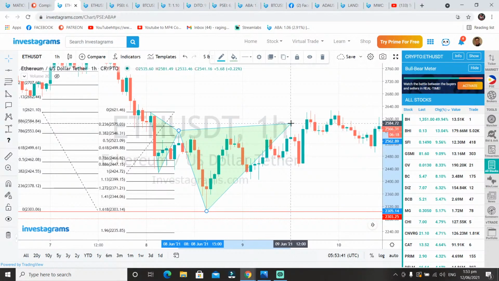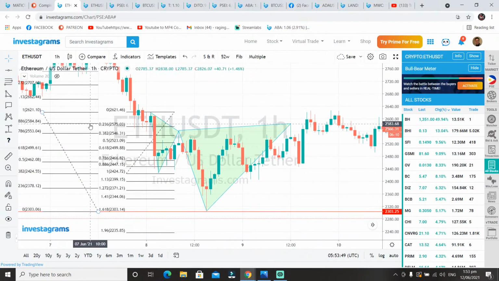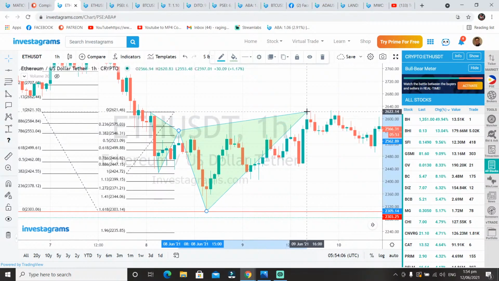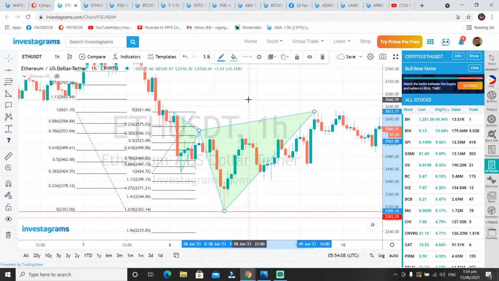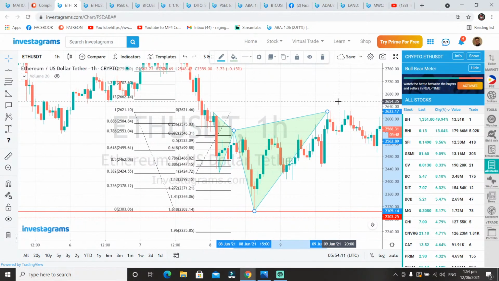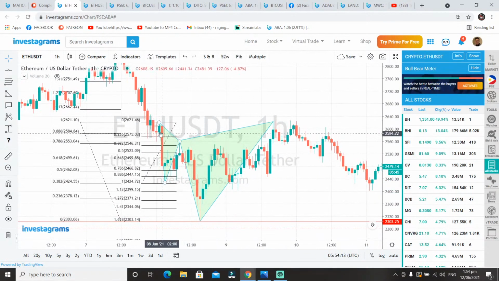Is this one already valid? Almost, but not yet. But still okay, so you can enter there, right? For example, you made that entry at that level. If you did that, because let's say that's already valid, then it's okay. But if not, you could have waited, then this is already valid. Up to 113. Did it make 113? No. So we completed our shark pattern at this one.